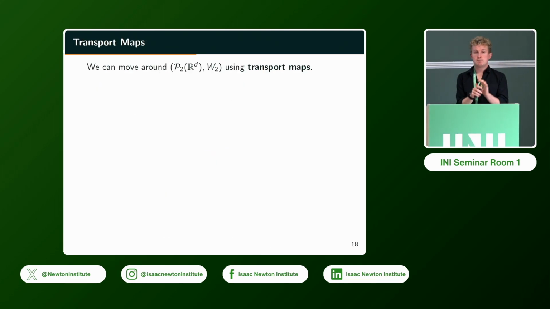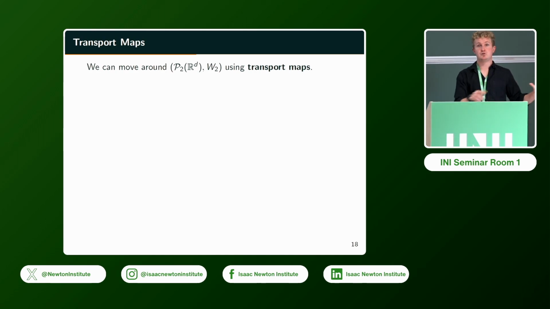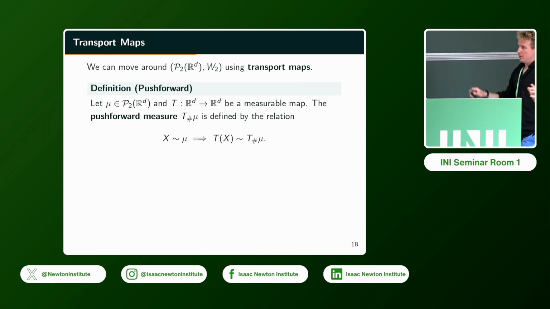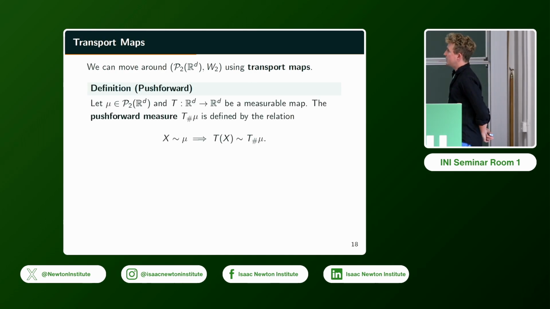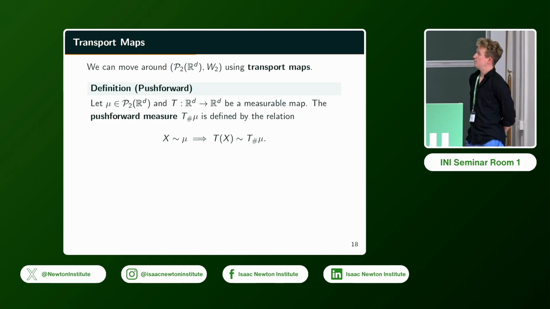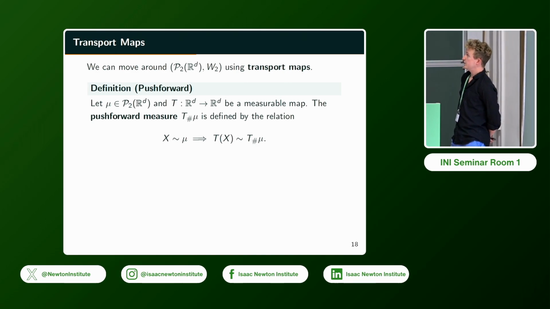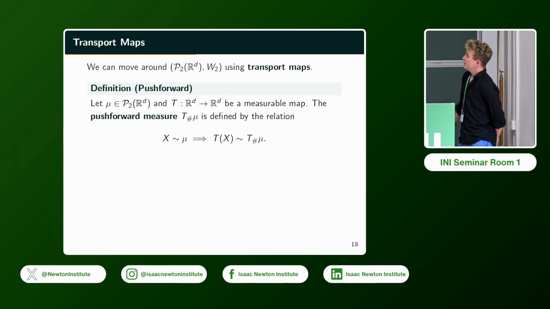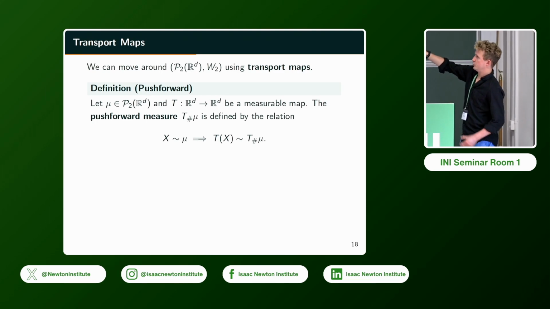Okay, and we can move around this manifold using transport maps. Again, just a basic definition here to recall the definition of the push forward. If we have some measure mu in P2(R^d) and we have some measurable map T, the push forward is defined just by this relation here.